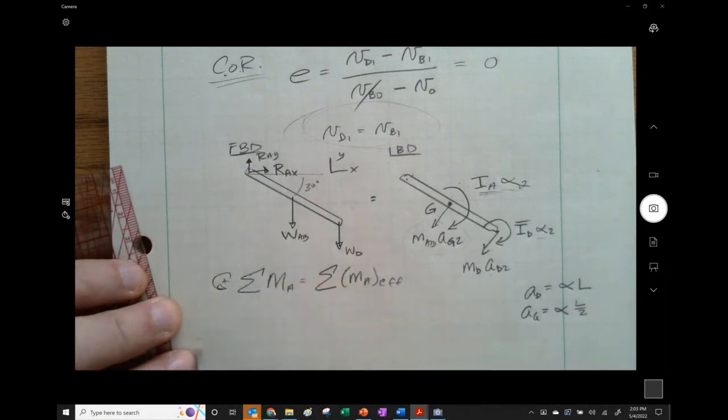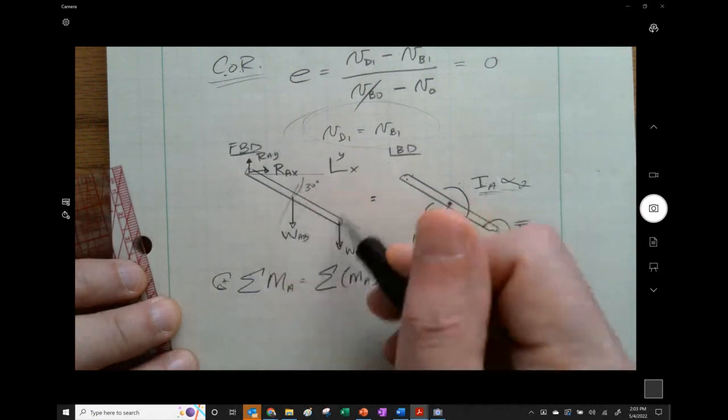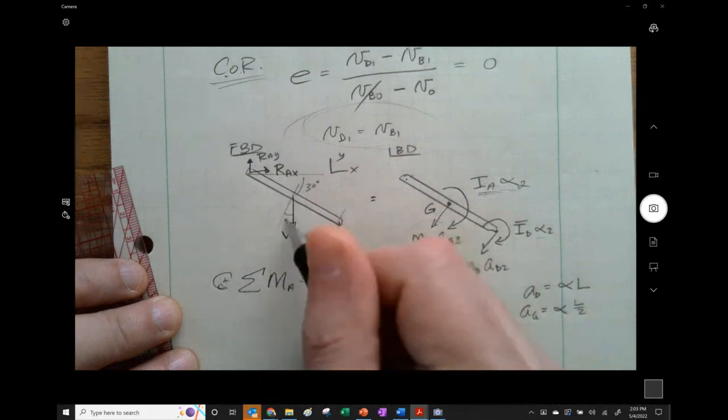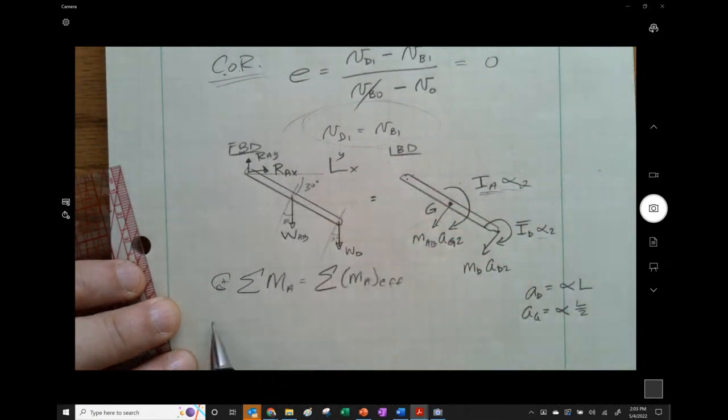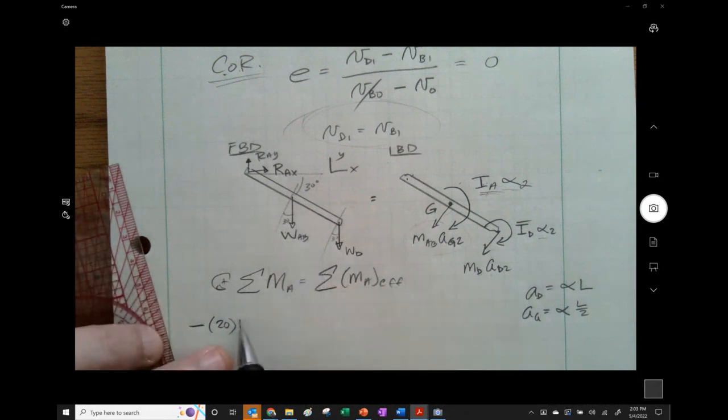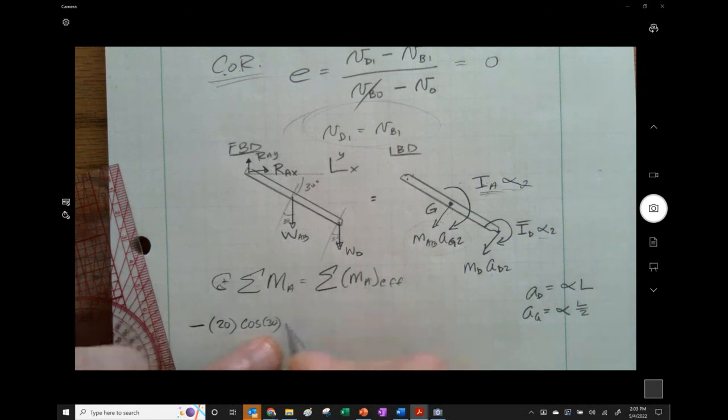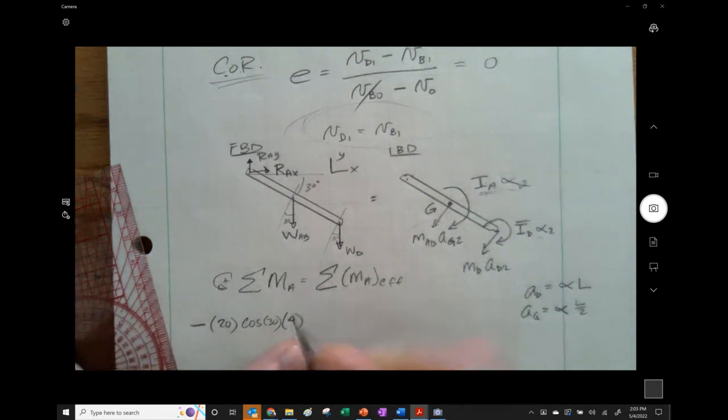That right there is also going to be 30 degrees, and right there is going to be 30 degrees. So I'm going to say these are all negative. I'm going to take my 20 pounds and take only the cosine of 30 and take the length over 2, which is going to be 4.